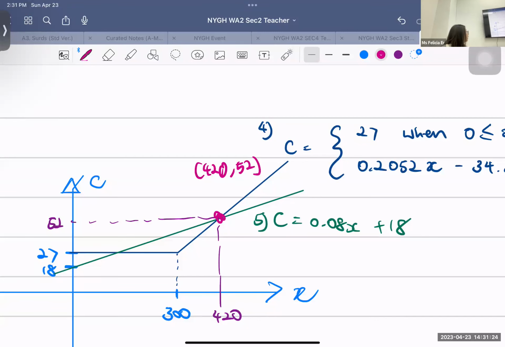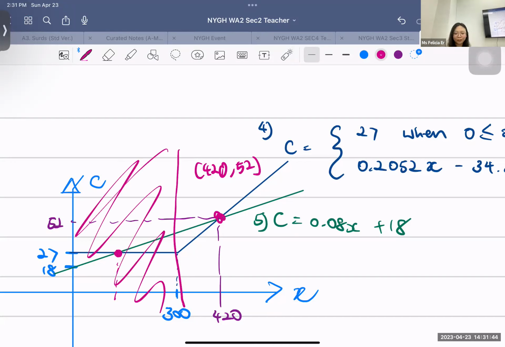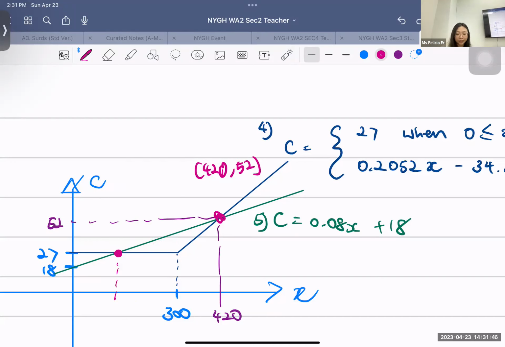Why am I only looking at 420? Why am I not looking at this other coordinate? Because what did the question say in part 7? Yes, exactly. The question already tell you they don't really care lah. They just want the more than 300 minutes. So essentially you throw away this part of the graph in your head. You focus on the above 300 minutes.